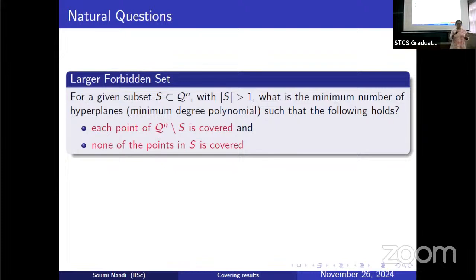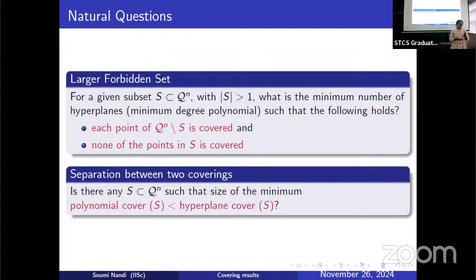Similarly, we want to know the minimum degree of a polynomial that vanishes on every point of the hypercube outside S and does not vanish on any point of S. We are also interested in whether there is a strict separation, where the polynomial cover degree is strictly less than the number of hyperplanes required.